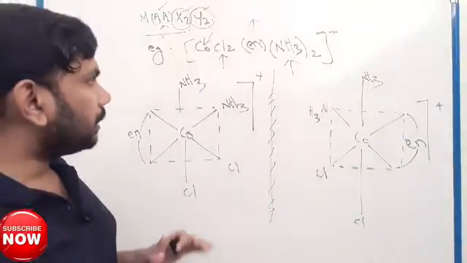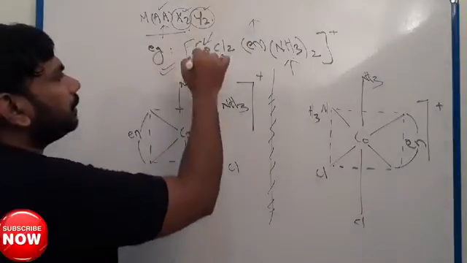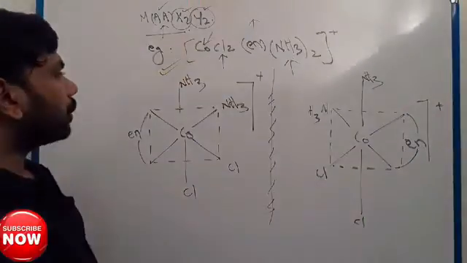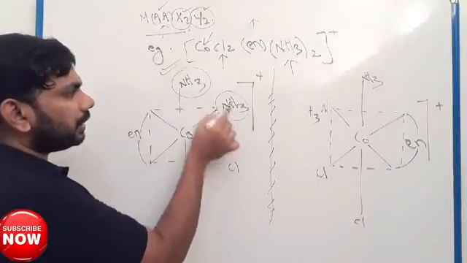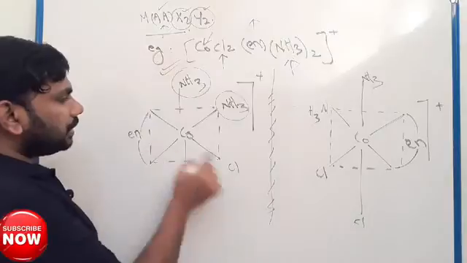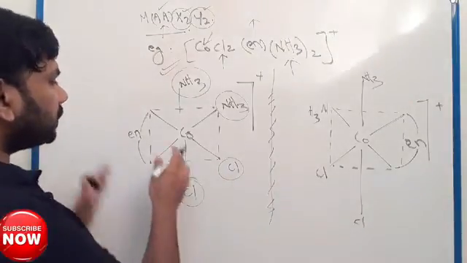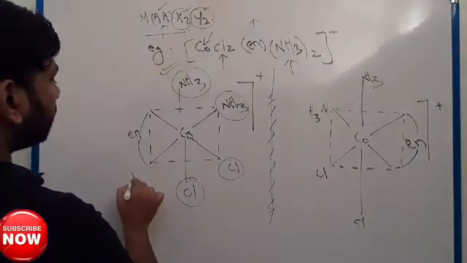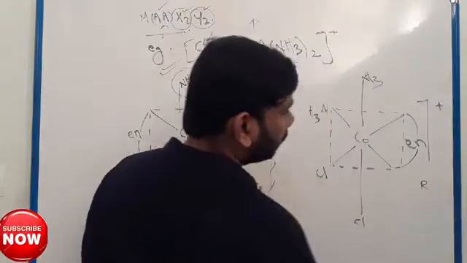An example for this type of ligand is already given here. See this structure: cobalt, here two NH3, ethylene diamine and two chlorine. Look here, ethylene diamine is on the left side, but here the ethylene diamine bidentate ligand is on the right-hand side.